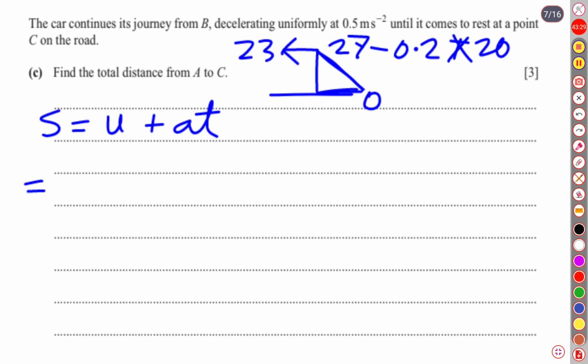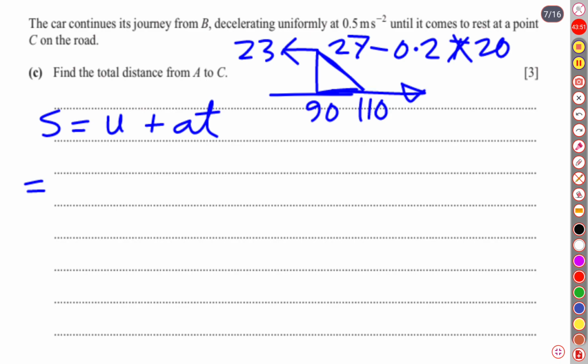The time was what? 3t plus 30, so 60 plus 30, it was 90, and here it was one more t, so 90 plus 20, that is 110. 110 was the final time.